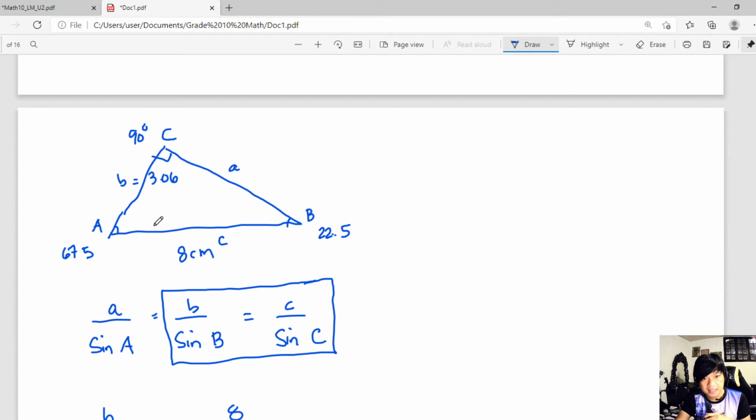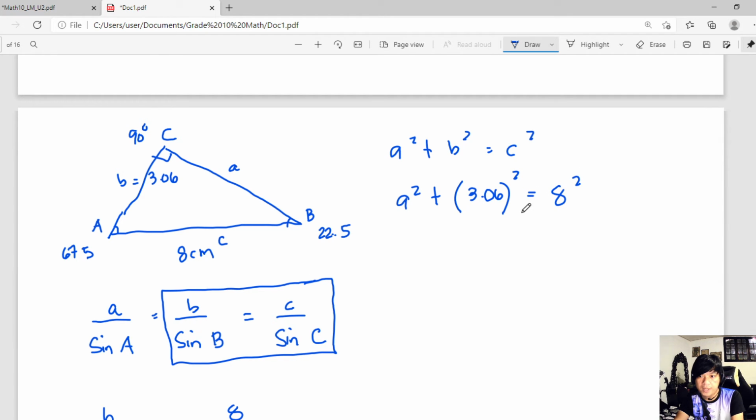Since we now know two sides of our triangle, we can use the Pythagorean theorem. It states that A squared plus B squared is equal to C squared. Our A is missing. So, A squared plus 3.06 squared is equal to 8 squared.